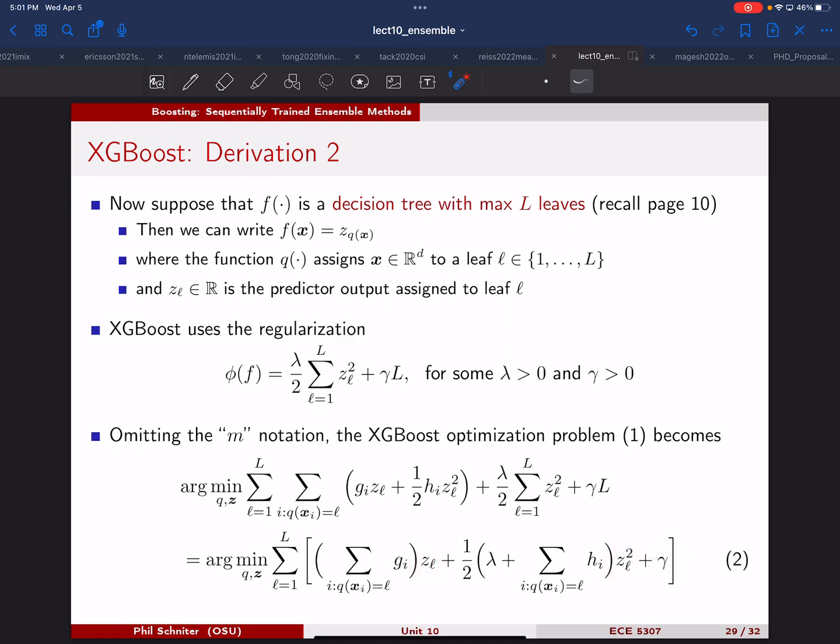So there's only one term with a ZL. So we have essentially two sums, GIZL. So here you see the two sums, GIZL. There's actually two terms with a ZL squared. So the first one, we have the sum over L times lambda times ZL squared.